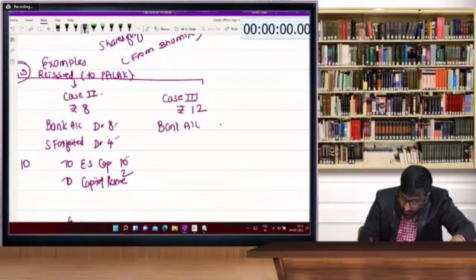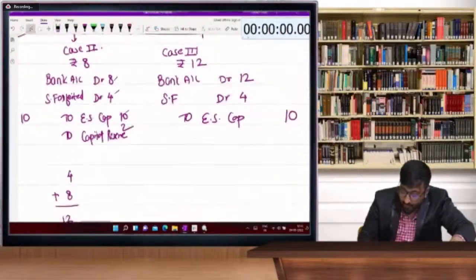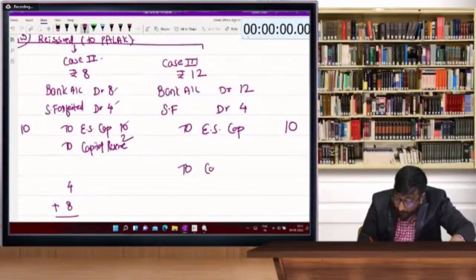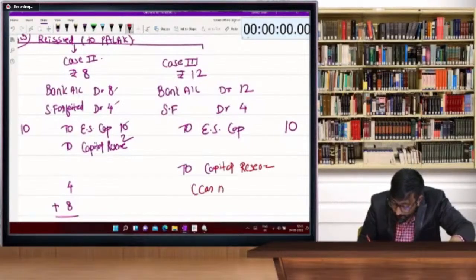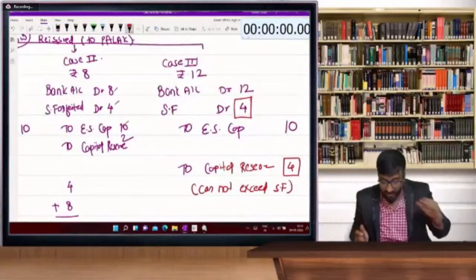See beta, I already told you. Bank account debit 12. Shares forfeited account debit 4. To equity share capital 10. To capital reserve, see beta, capital reserve cannot exceed shares forfeited balance. So beta, this is 4. It cannot exceed the shares forfeited balance.